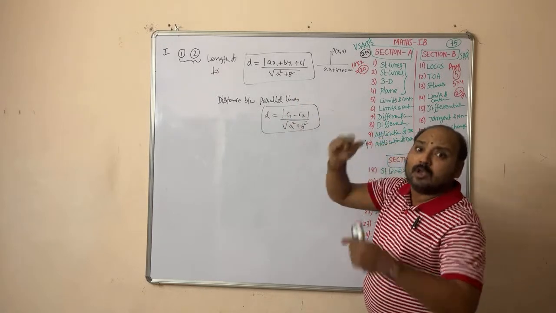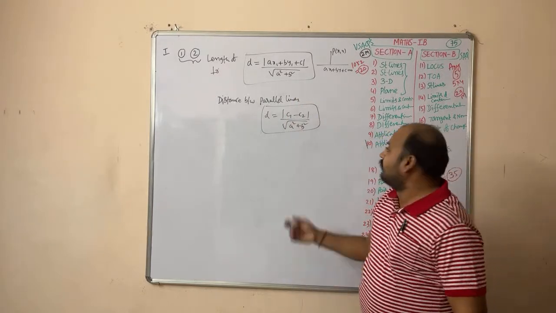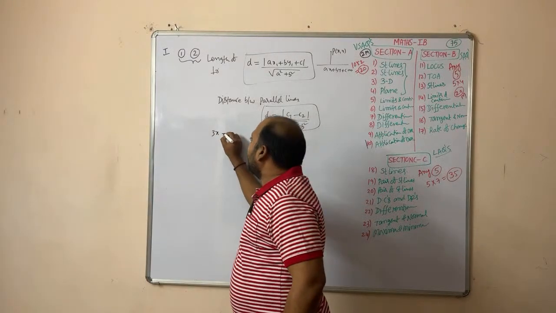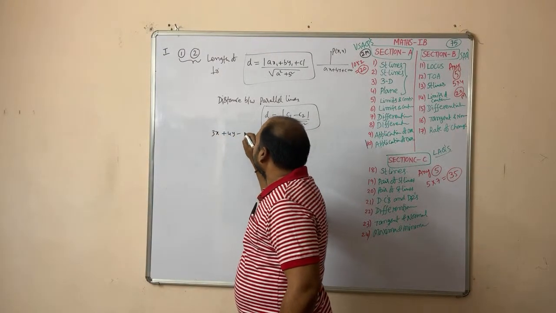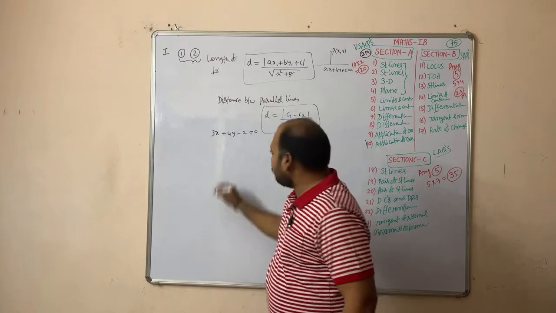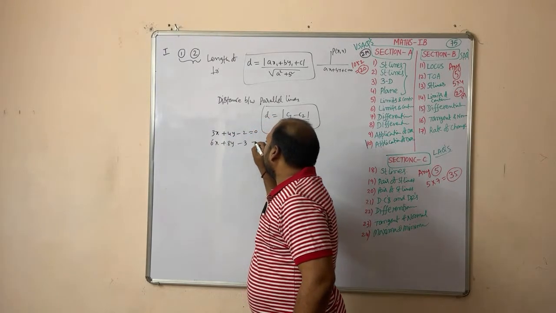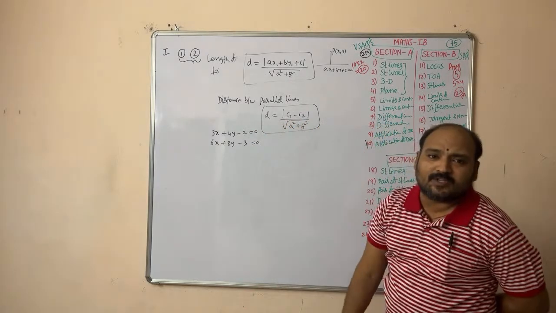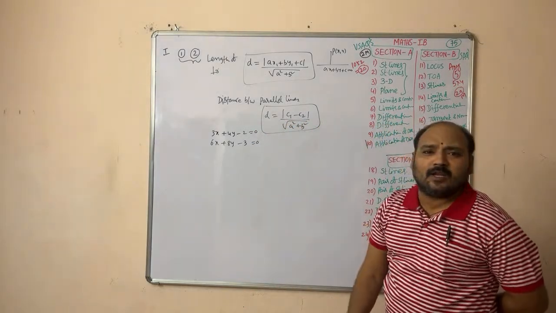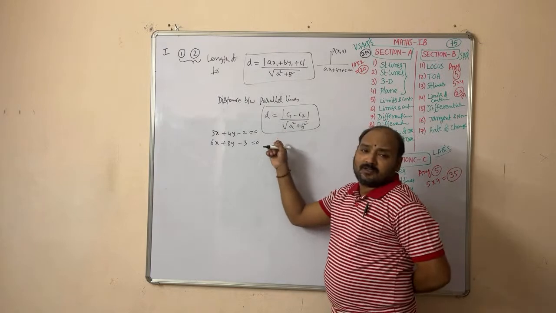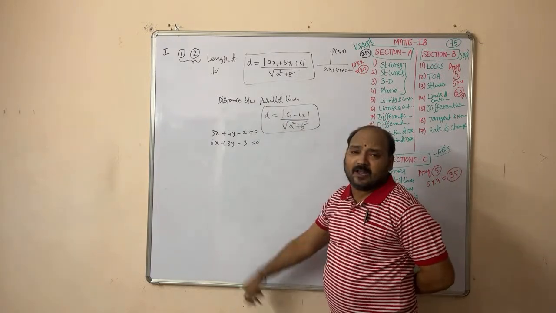If not, you can make them equal. Suppose for example, 3x plus 4y minus 2 equal to 0 and 6x plus 8y minus 3 equal to 0. Suppose equations like this are given. Both are parallel lines only, but they are asking to find the distance between parallel lines.